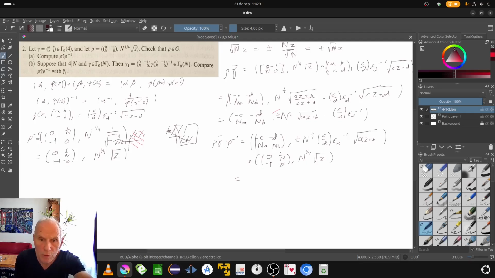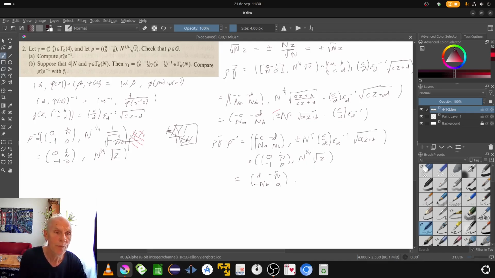And this one times that one gives d. And minus c divided by n. Minus nb, now that's going that way. A.